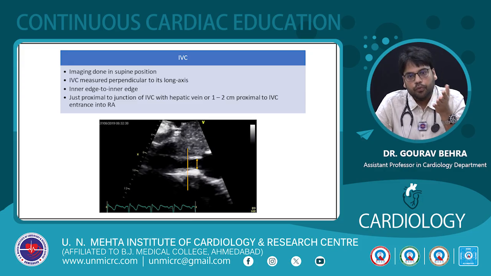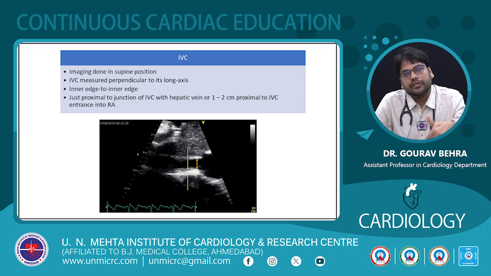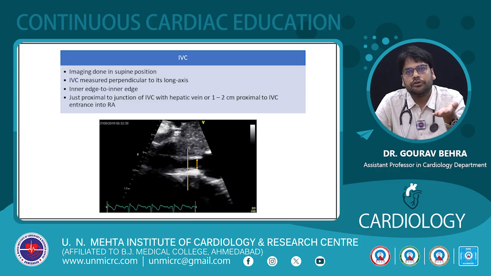You have to put an M mode and look at the variation, the maximum to the minimum variation. If it's more than 50%, you can say the IVC is collapsible. If the variation is less, you can grade the RA pressure accordingly. If it's less than 50% collapsible, you can say the patient is having elevated RA pressure.